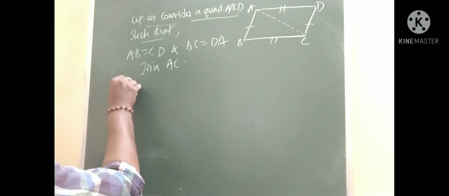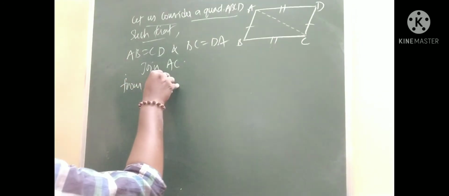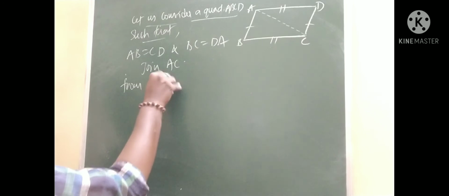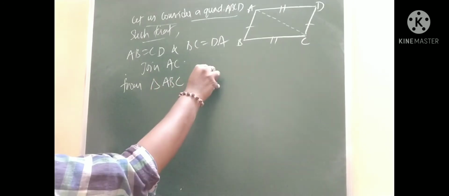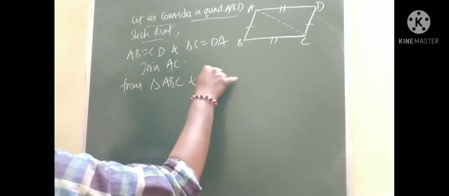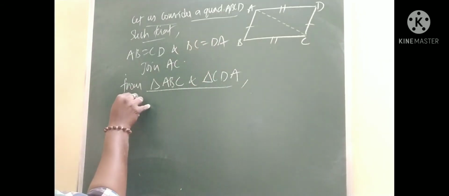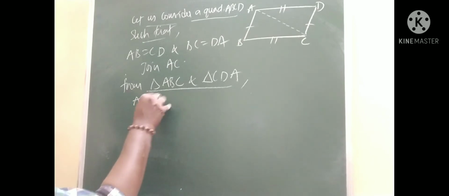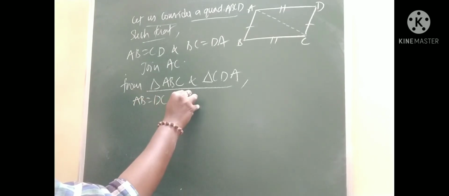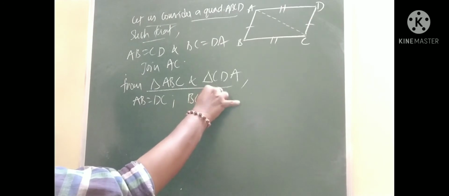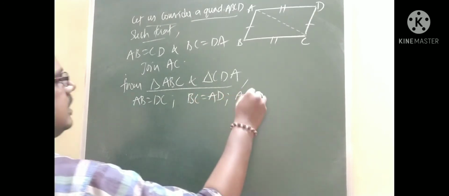So from triangle ABC and triangle CDA, if you observe clearly, already what we have considered, AB is equal to DC, then BC is equal to AD, and then AC is equal to AC.